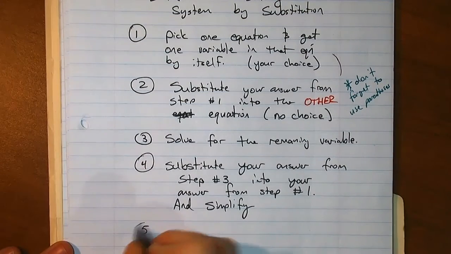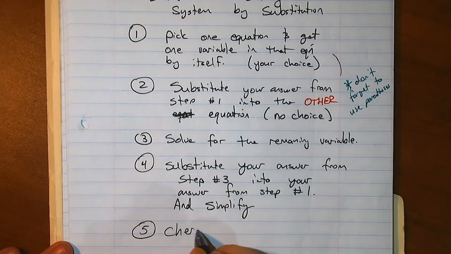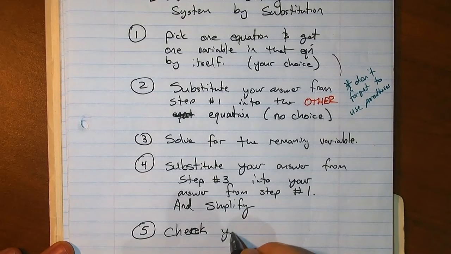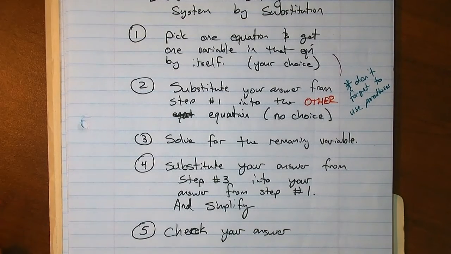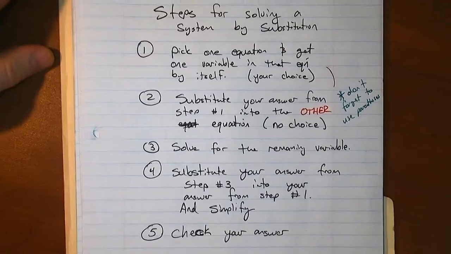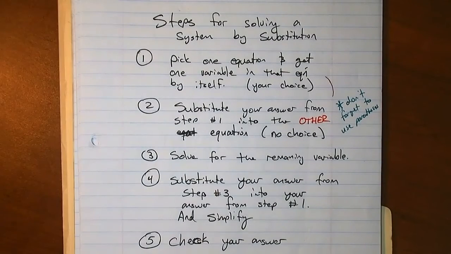Every good mathematician likes to end their process by checking their answer. Check your answer when you're done. However, I will say that when it comes to solving by substitution, checking your answer is a little bit less important than it was with graphing. In graphing, it was important because if your graph was a little bit off, you could end up with something that looks like a right answer, but is actually very wrong.